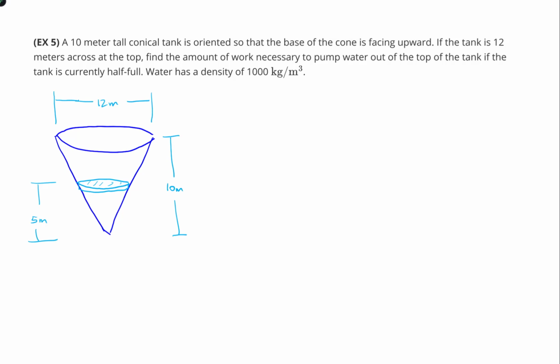So the kilogram meter per second squared, that's the definition of a Newton, so that gives me force. Now, if I have to apply a force and move something through a distance, that's the Newton meter, which is the joule, so that's work. So I need to figure out what the weight of each slab here is going to be and how far it has to travel to go outside of the tank.